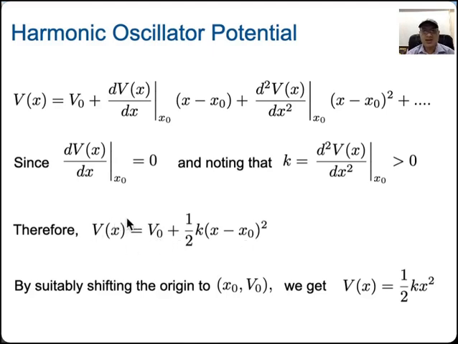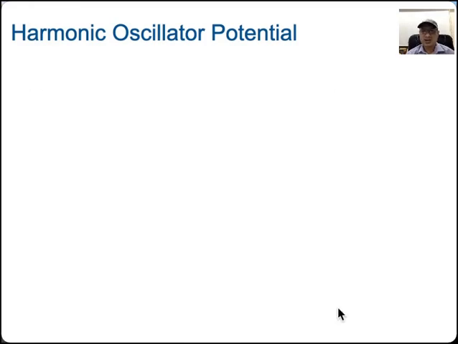Then the total potential, which was arbitrary in shape, when I perform the Taylor series expansion in the vicinity of the global minimum, I have rewritten as the harmonic oscillator potential, half k x squared, where k is some constant. Here it doesn't matter what the potential was, and this mimics the shape of the harmonic oscillator potential we have seen in the earlier slide.